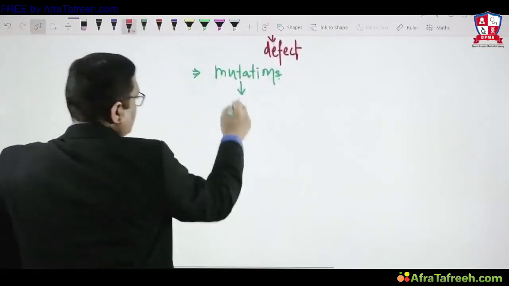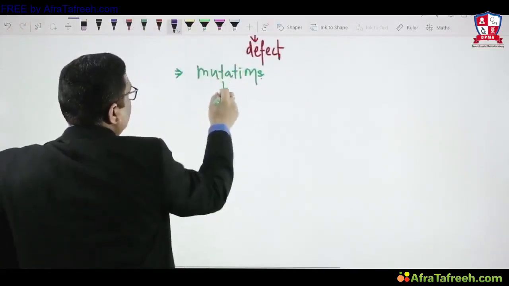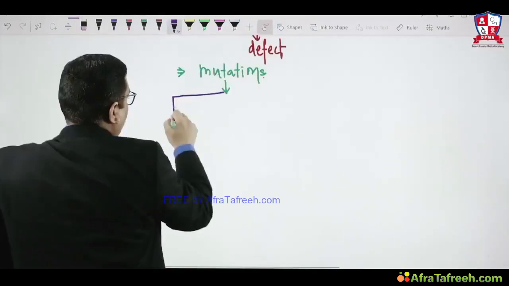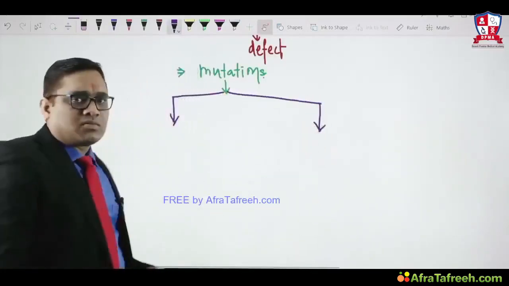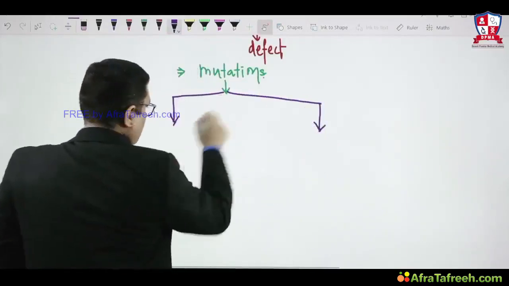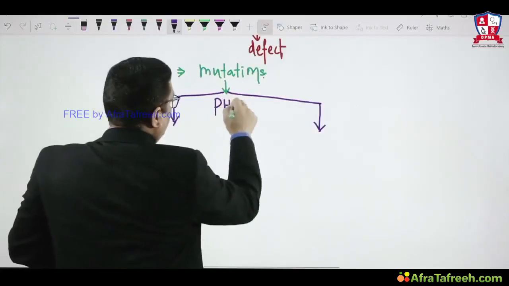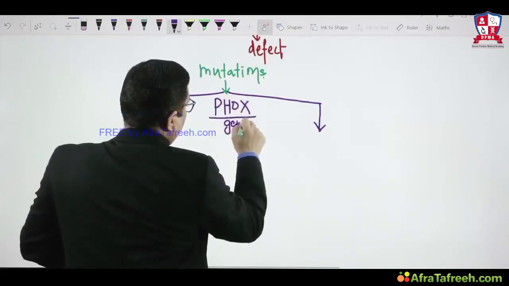There are genes which are controlling this. If you remember, when we were discussing NADPH oxidase, I told you NADPH oxidase is controlled by a gene called the FOX gene, right? So now we can see there is a mutation in the FOX gene.